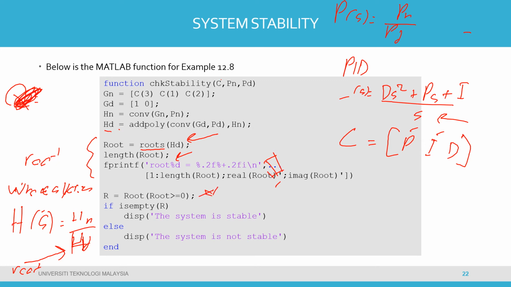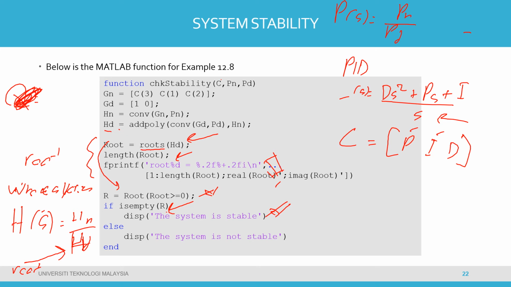If you look here, you call back the root here, and if the root is more than 0, you keep it. If it is still empty, okay, wait. If you check whether the root is more than 0, you keep it. And if it is empty, the system is stable.